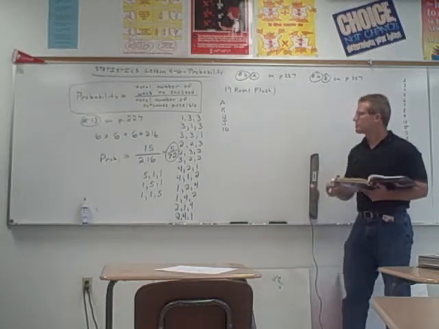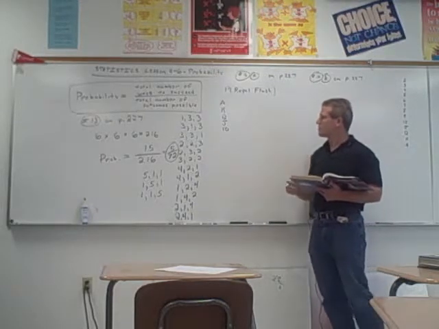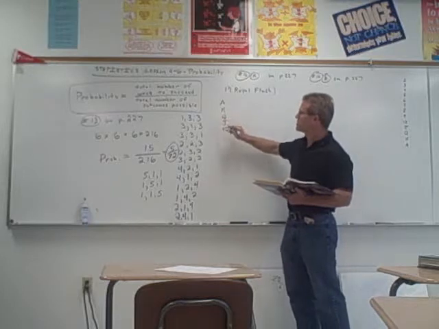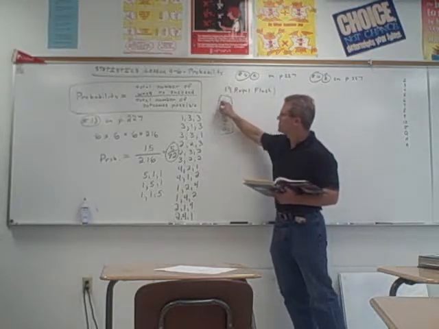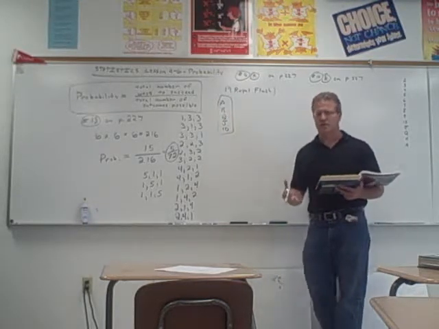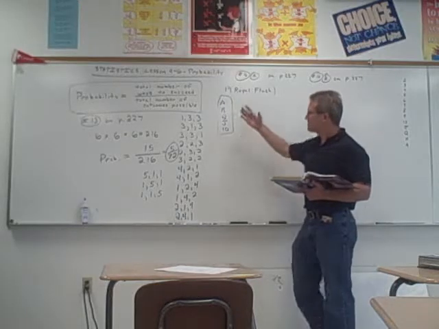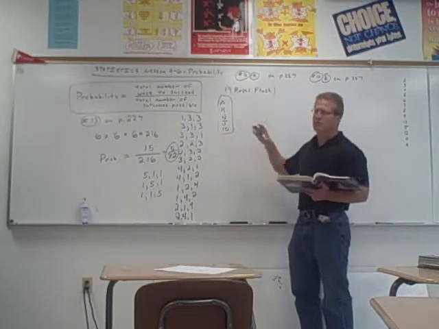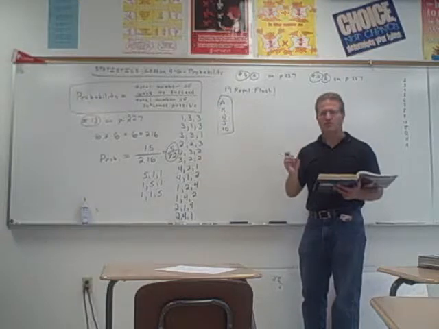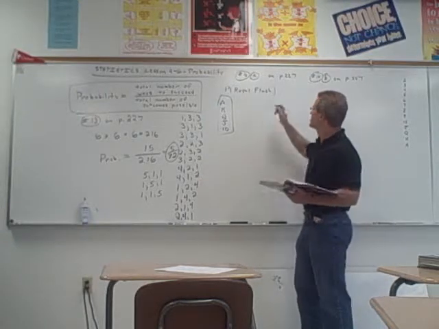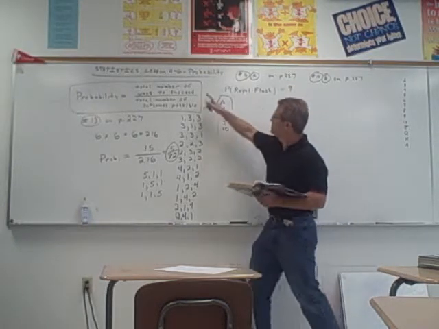And that could happen in hearts, diamonds, clubs, or spades. So there's really 4 ways we can succeed. We have to get these 5 cards. The order we get them doesn't matter, so we're going to use combinations. But we have to get those 5 cards exactly in one of the 4 suits. Either all hearts, all diamonds, all clubs, or all spades. So there's 4 ways to succeed.